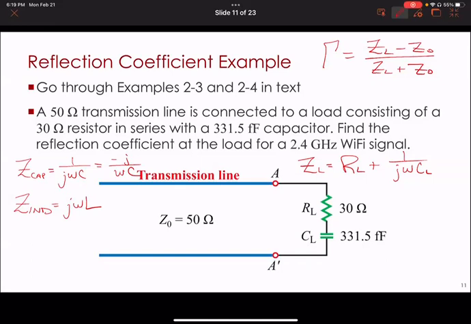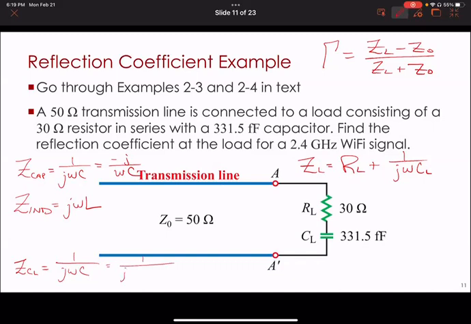So let's find, I'll call it ZCL, the impedance of the load capacitor. So it's 1 over j omega c. So 1 over j.